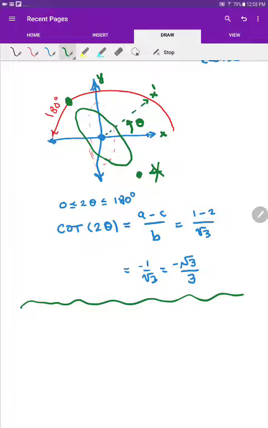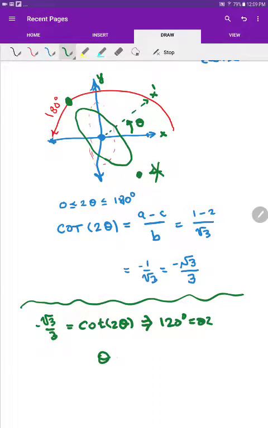We'll determine then that the cotangent of 2 theta, of course, was equal to minus the square root of 3 over 3, which means that 2 theta equals 120 degrees.